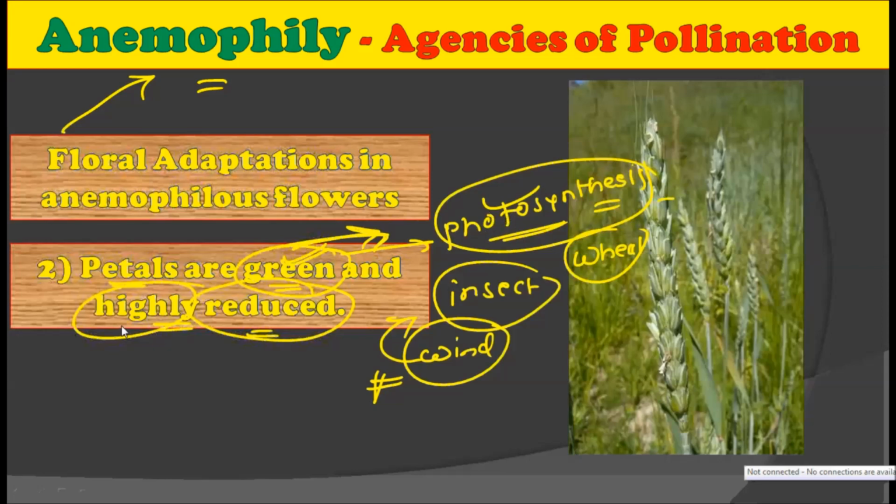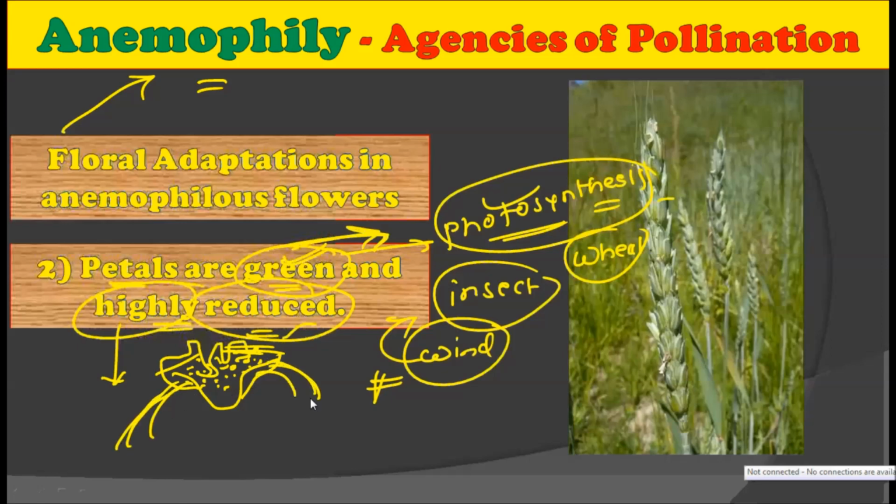Plus, they are highly reduced. If you consider any flower, if the size of the petals is large, then there will be a distraction for the landing of the pollen grains, right? In order to land the pollen grains on the stigma, the petals should not be there or they should be spread below the flower.